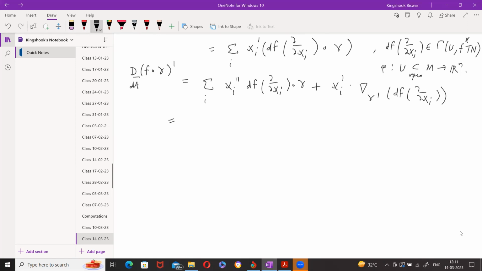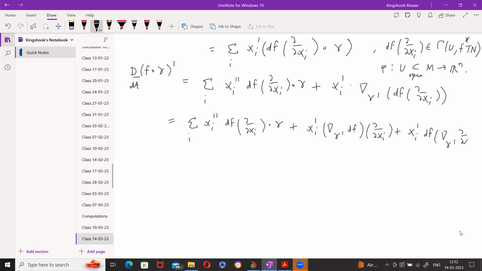The sum over i of xi double prime df of del del xi composed with gamma, plus xi prime times one term which is nabla gamma prime of df applied to del del xi, plus another term xi prime df of nabla gamma prime of del del xi, right?